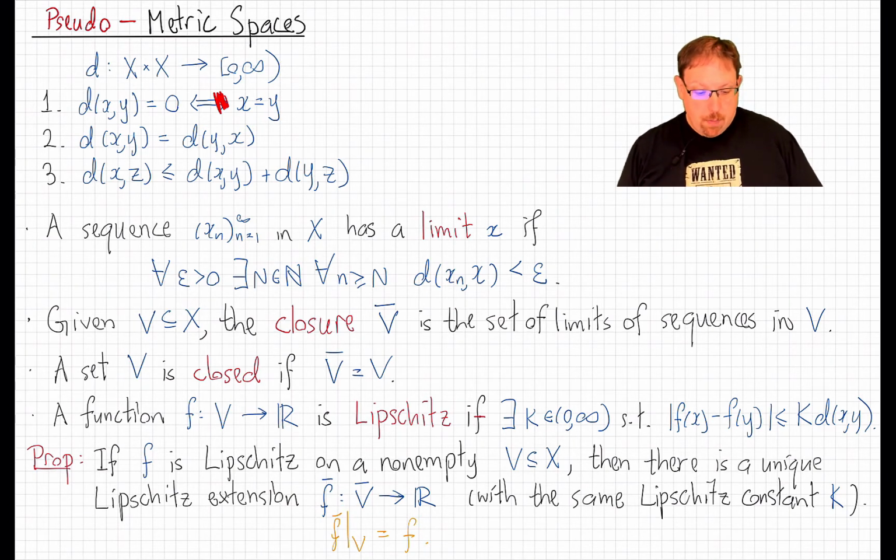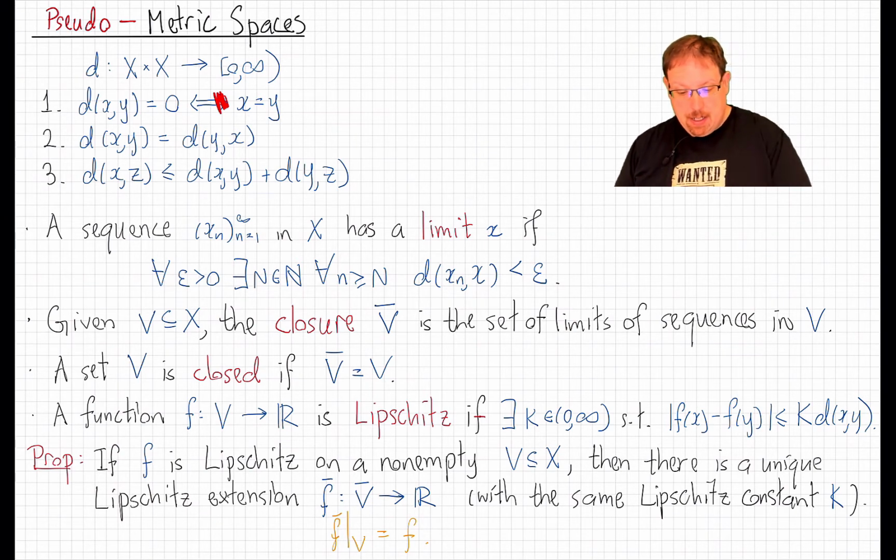So a pseudometric on a set X is a function d on X cross X that is symmetric, satisfies the triangle inequality, and for which d of x, x equals 0. However, it can be true that there are pairs of distinct points x, y such that the distance between them is 0. That's a pseudometric.